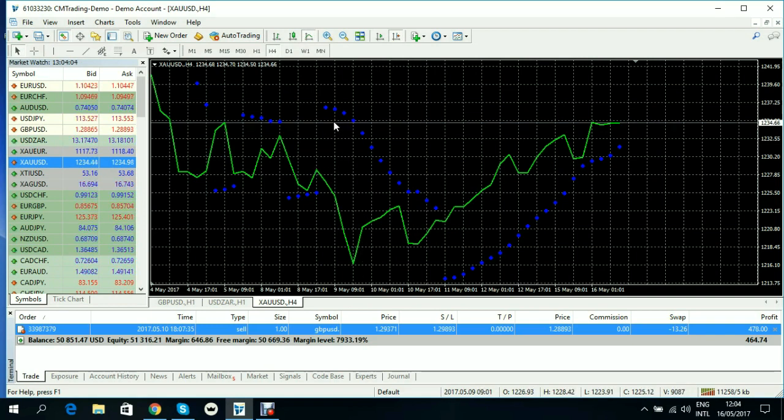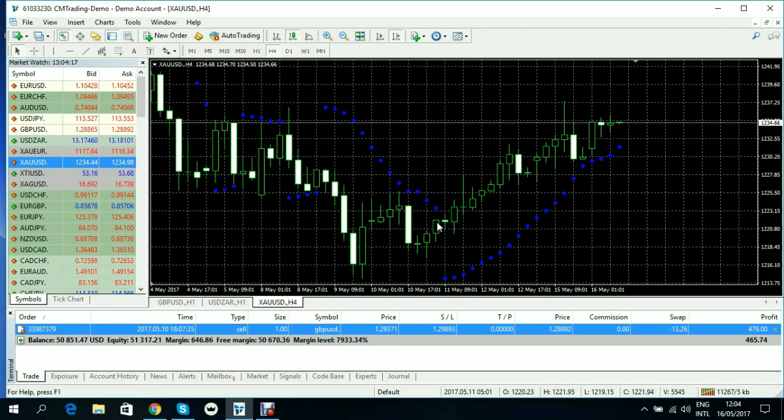Then it indicates a sell trend. And when the dot appears below the price trend or the candlestick, then it indicates a buying trend, which we can see even now. So these are the two main things about parabolic SAR which we need as traders.